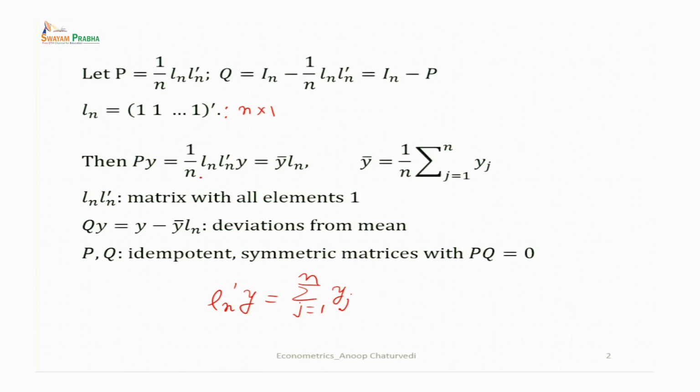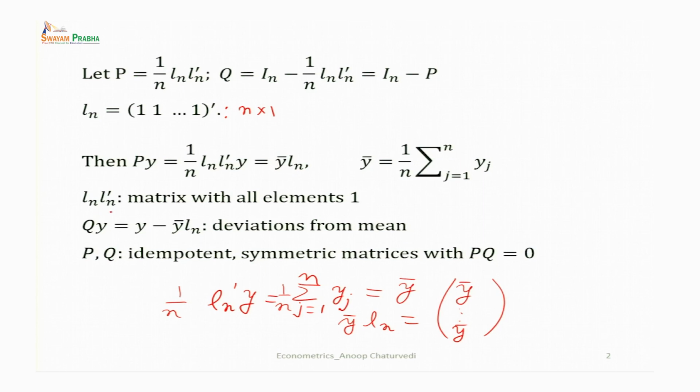Then 1 upon n l n transpose y will give you y bar, and then if you multiply y bar by l n, you get a vector with all elements y bar. So, P y gives you y bar into l n.